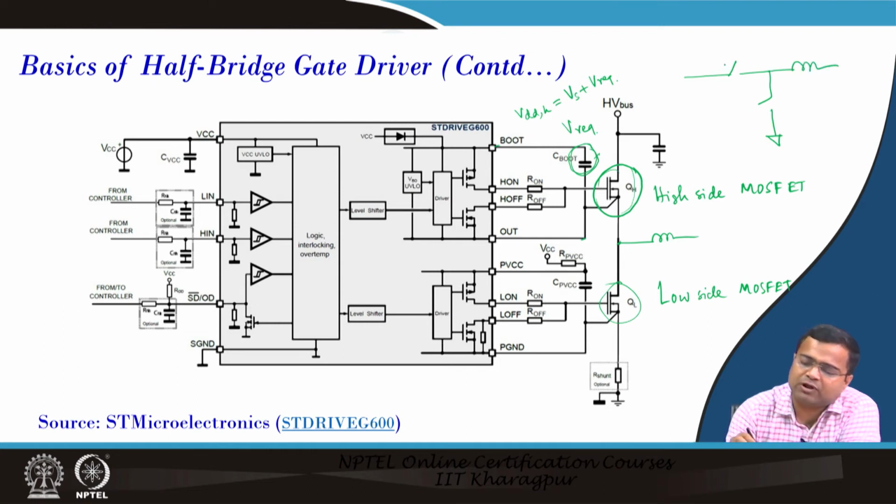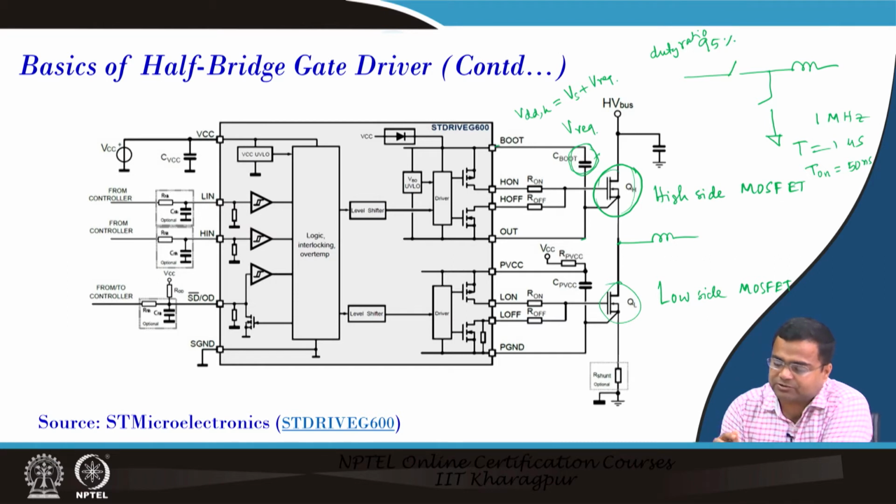Now, suppose we want to achieve, let us say, 95% duty ratio. If you are operating at a switching frequency of 1 megahertz, that means your T is 1 microsecond, then what will be your on time?